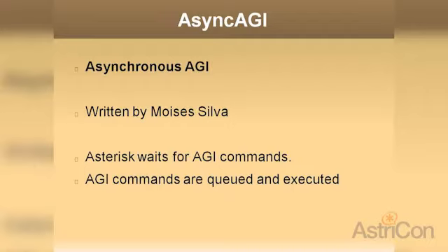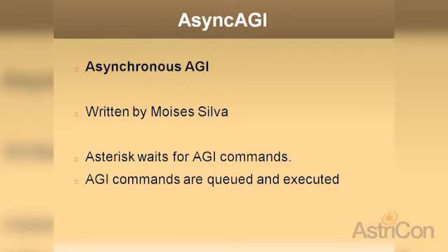Async AGI is just asynchronous, which means with regular AGI, you send a command, Asterisk receives it, and it returns a specific result. So it's really synchronous. With async, you call your script and send your command, and all your AGI commands will just be queued. When it's time to deliver the specific AGI command, it will simply execute them.